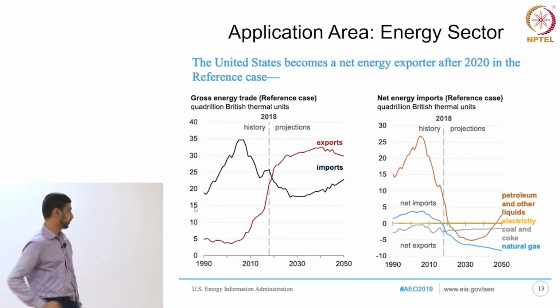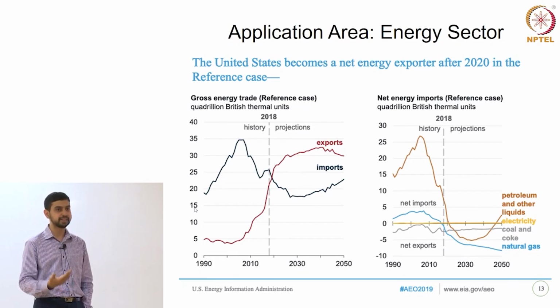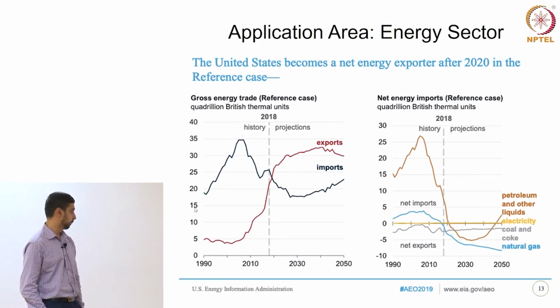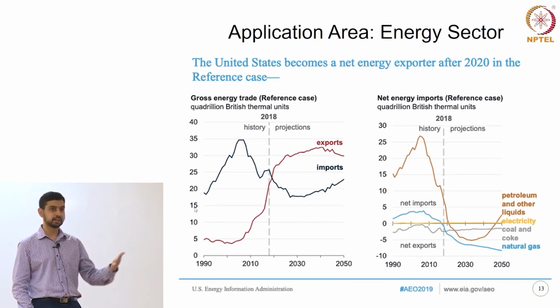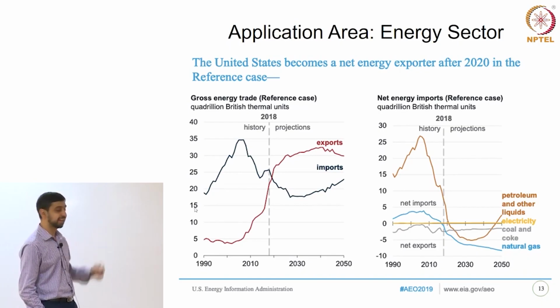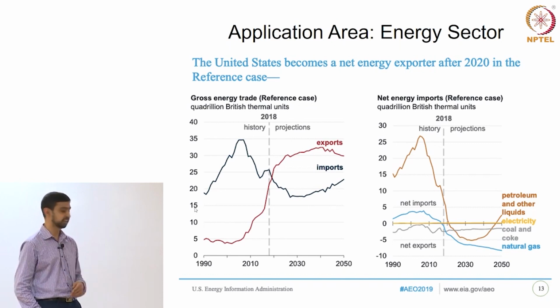United States used to be a net importer of energy, very much like our own country, which imports oil and natural gas to meet most of its energy demands. But since they have uncovered a lot of these shale deposits, they are now becoming a net exporter of energy. And this has huge implications for a country's economy.